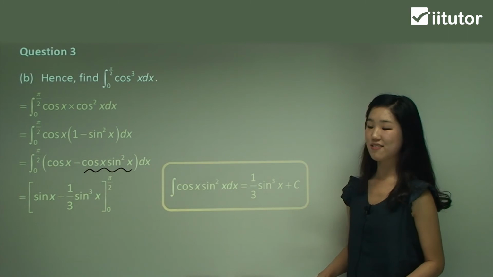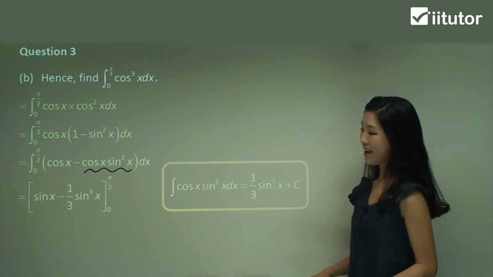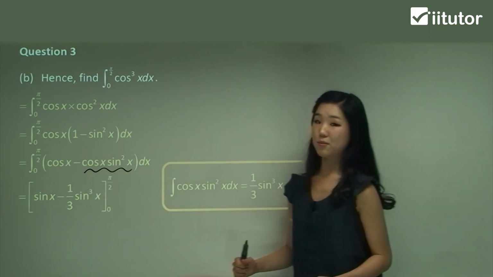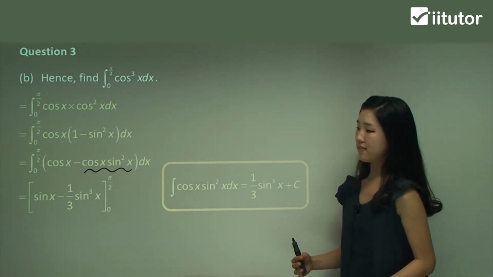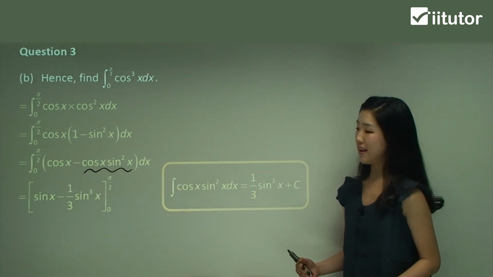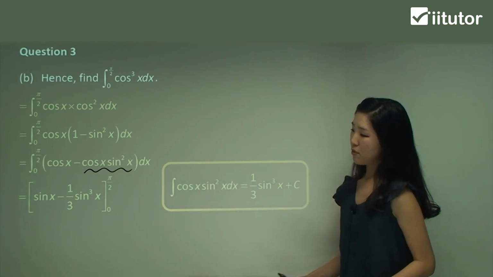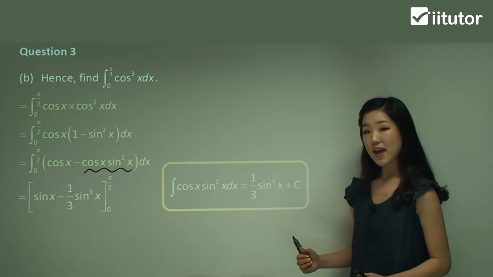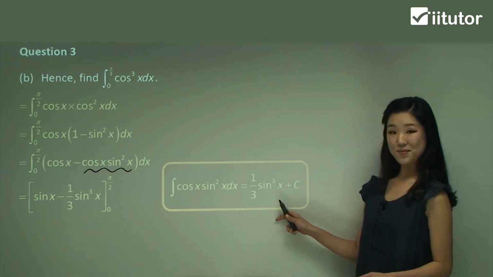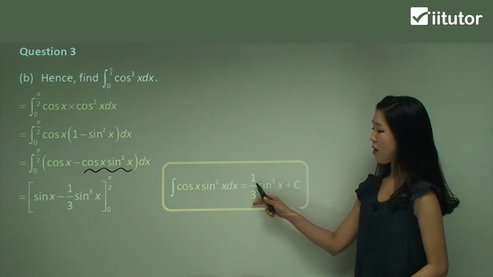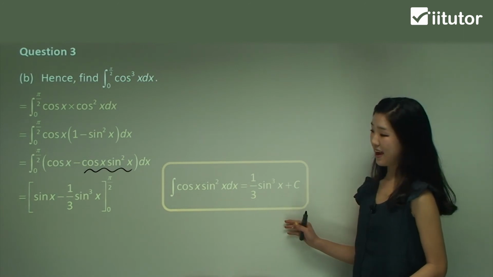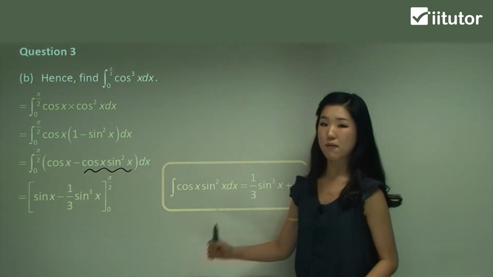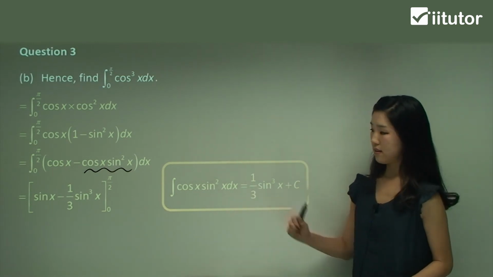I can just use my answer from part A. But of course I must integrate cos x as well. The integral of cos x is positive sine x, so I put the sine x out the front first. And the integral of cos x sine squared x, which we've got from part A, is 1 on 3 sine x cubed. I don't have to put the plus c there because I'm just going to apply my boundary by substituting those in. Can you see what I've done?